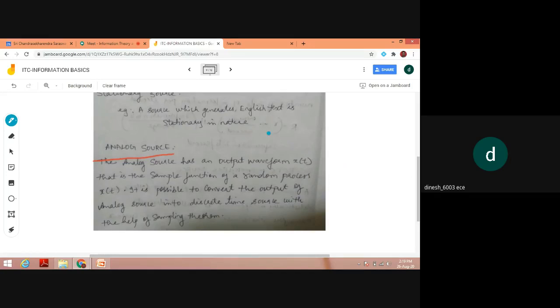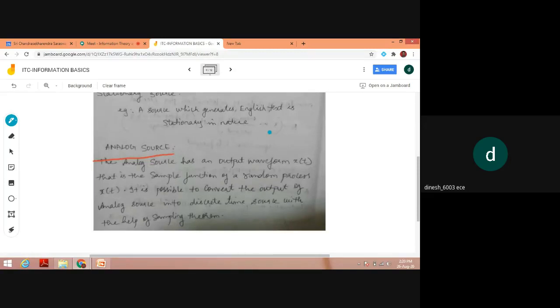So next is the analog source. The analog source has an output waveform x of t. For example, I consider x of t, which is always a random process, the sample function of a random process x of t.